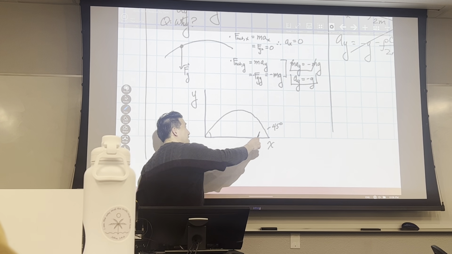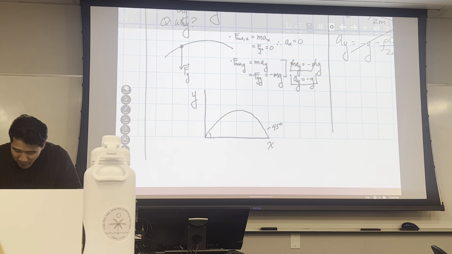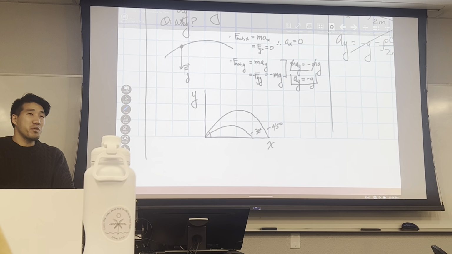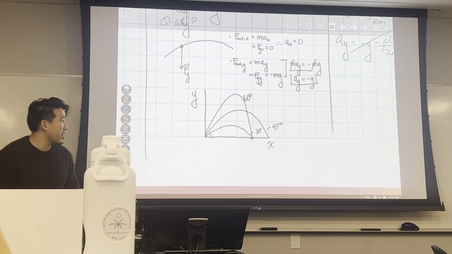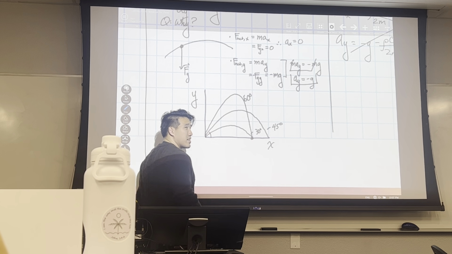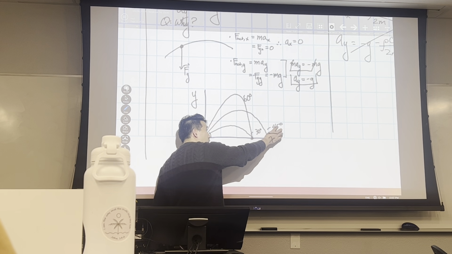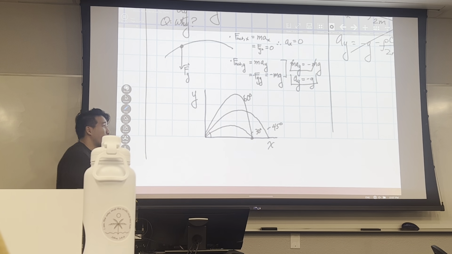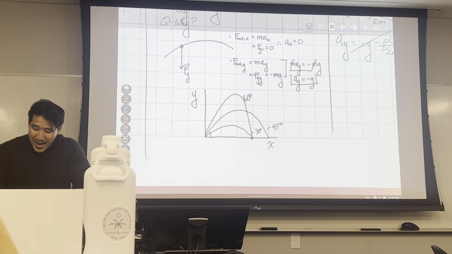And when you deviate equally from 45 degrees, either lower or higher, so let's say we deviate by 15, so this will be 30 degrees, or we deviate higher, which is 60 degrees, you're going to land at the same location. So 45 is the maximum distance you can get, and as you deviate equally from 45, either higher or below, you will land at the same location.